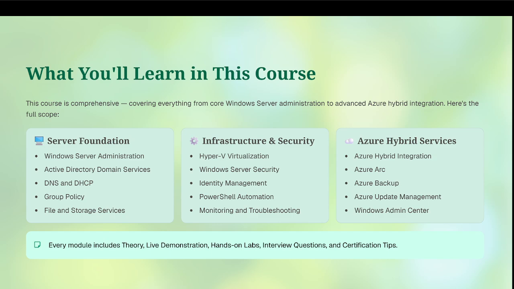For example, an organization may have Active Directory running on premises, file servers and applications in their data center, virtual machines hosted in Azure, hybrid identity connected through Microsoft Entra ID, and servers managed using Azure services. As a hybrid cloud administrator, your responsibility is to manage this complete environment securely and efficiently.